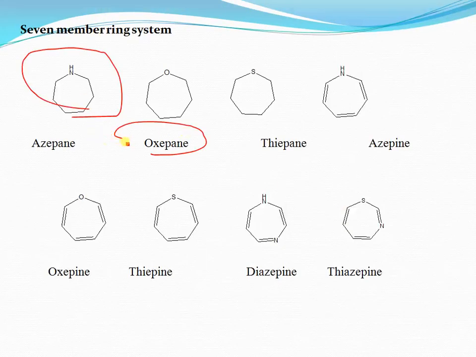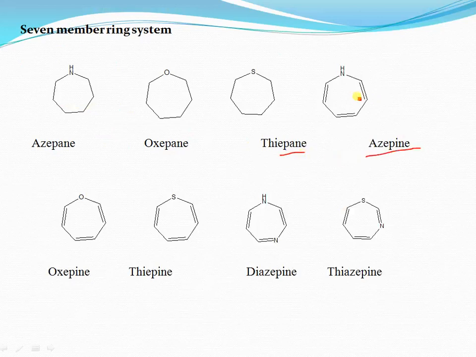It is a 7-member ring system. Thiepine, azepine, 7-member but nitrogen containing, unsaturation. Oxepine, unsaturation. Thiepine, unsaturation. Diazepine, 1, 2, 3, 4, 5, 6, 7. It is thiazepine.